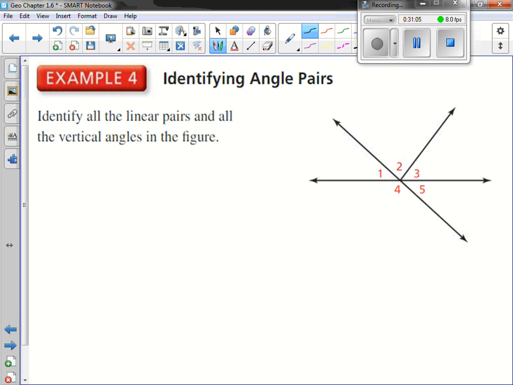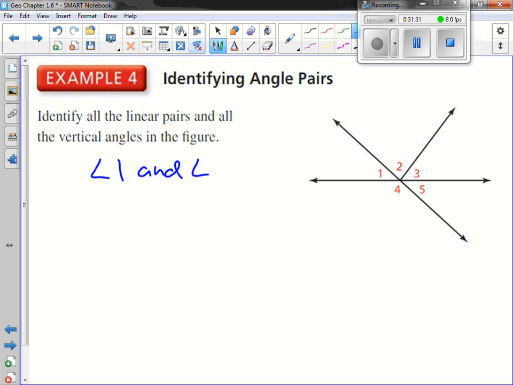So the first thing we're going to do here with this next one is we're going to identify all sets, all linear pairs. Linear pairs, so two angles that add up to be 180, two angles that make a straight line. Yes? I'll tell you, one of them is 1 and what?